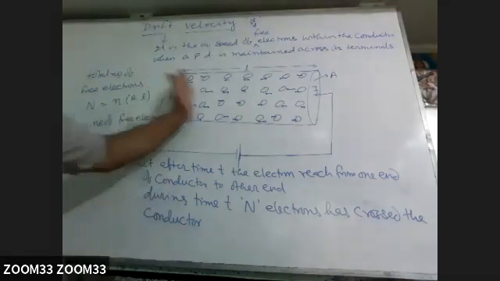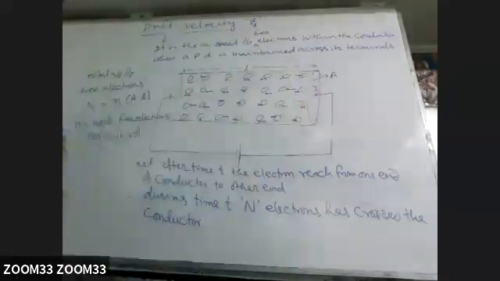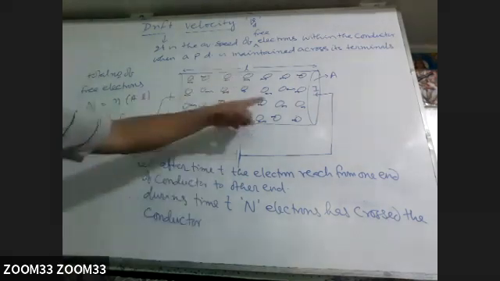So this electron has come to this place. So this drift velocity we have to find, that is L over T we have to find.